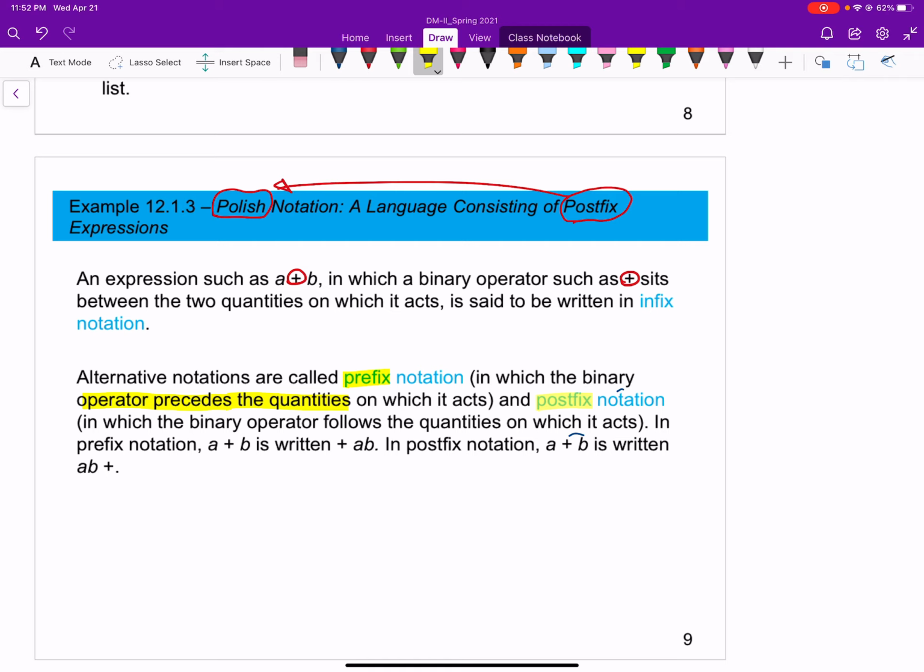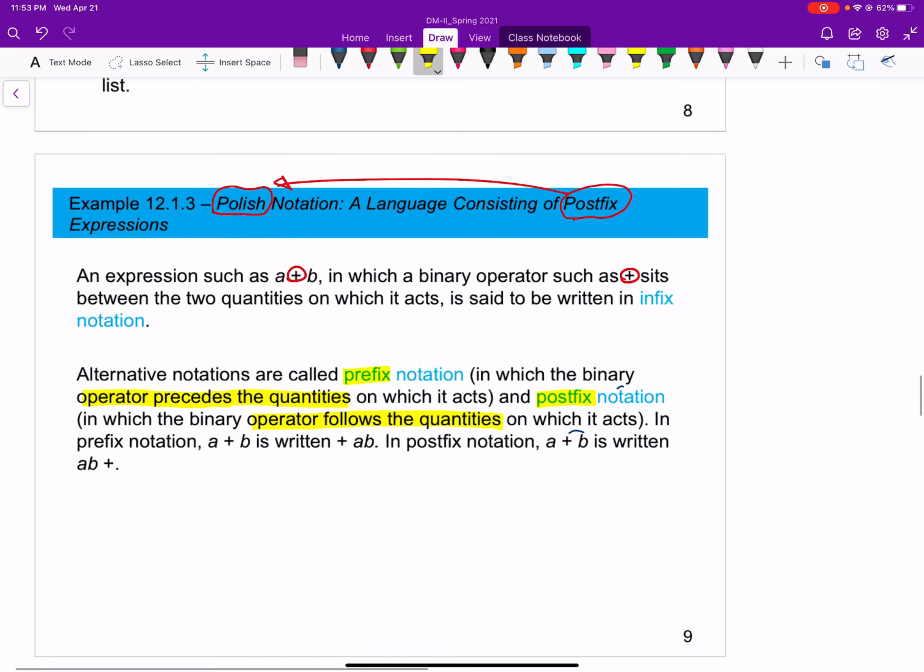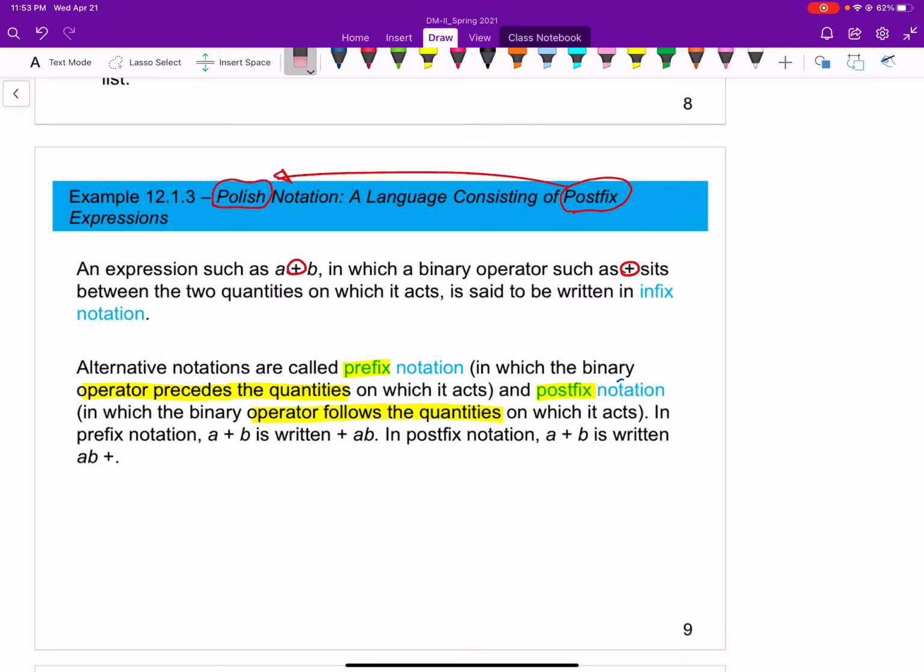When it is postfix notation, the operator follows the quantities. Keep that in mind. In prefix notation, a plus b is written by bringing the plus sign in front. In postfix notation, you bring the plus sign to the end.